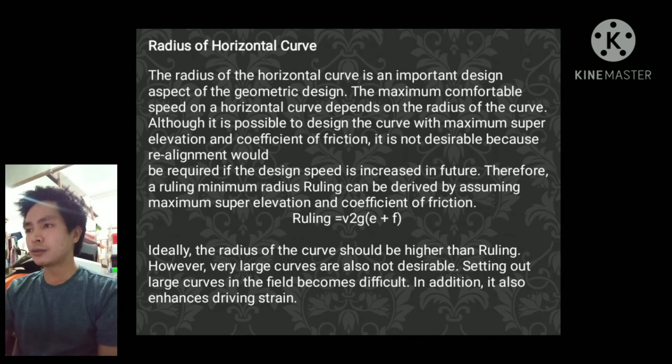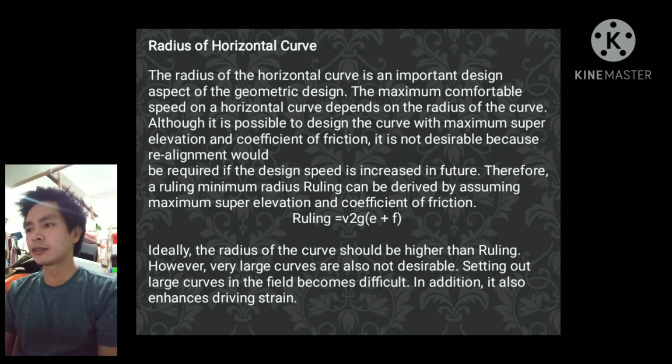There is a ruling minimum radius. Rruling can be derived by assuming maximum super elevation and coefficient of friction. Rruling is equal to V squared by g times e plus f.